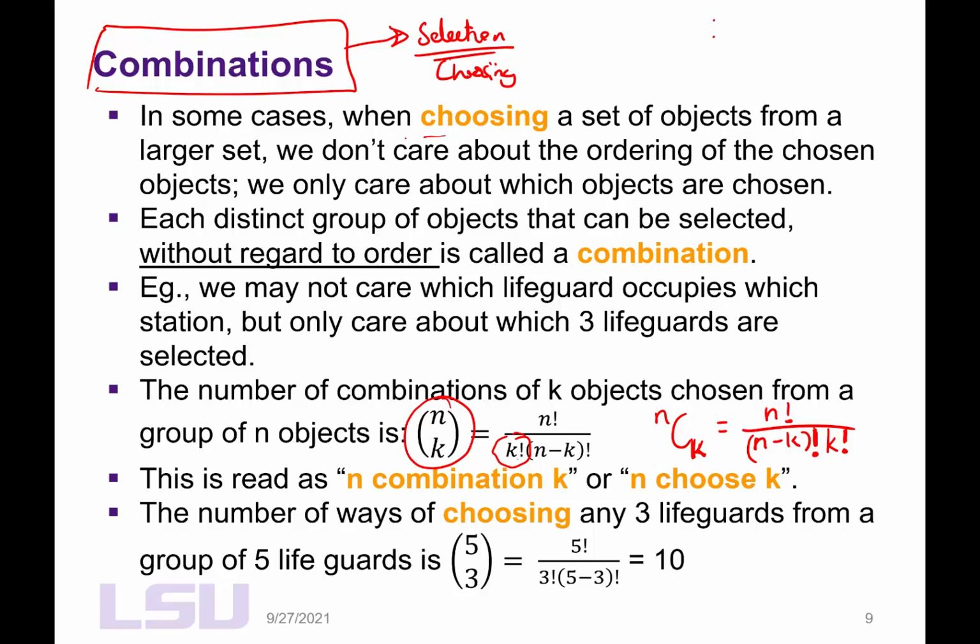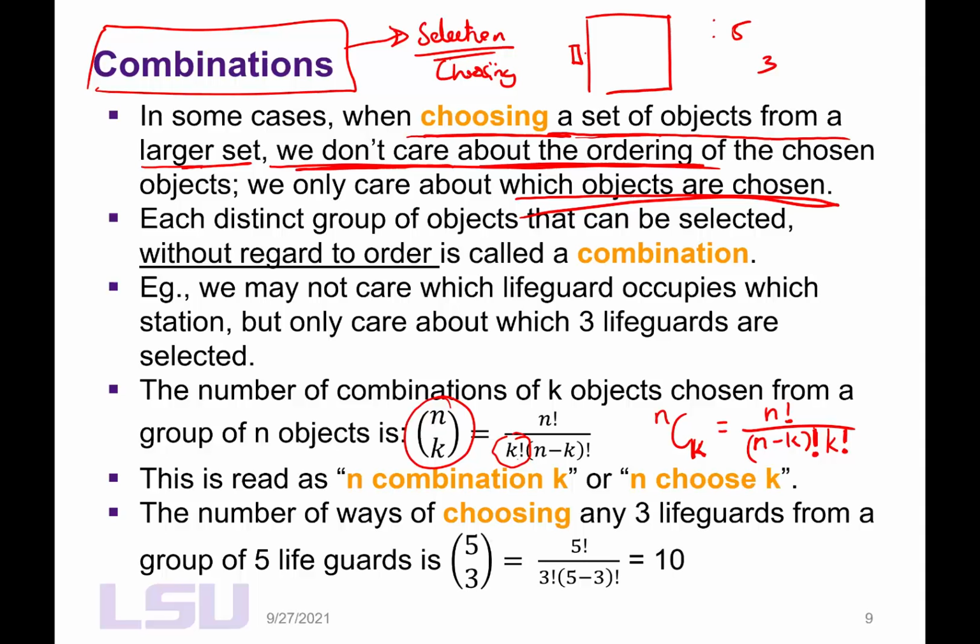So in some cases, when choosing a set of objects from a larger set, we do not care about ordering. We only care about which objects are chosen, right? So if you have 5 lifeguards and you want to choose 3 out of them, we don't care who is at which station. We don't care who is here, who is here, who is here. We just care about which of the 5 lifeguards were chosen. Is it lifeguards A, B, and C?